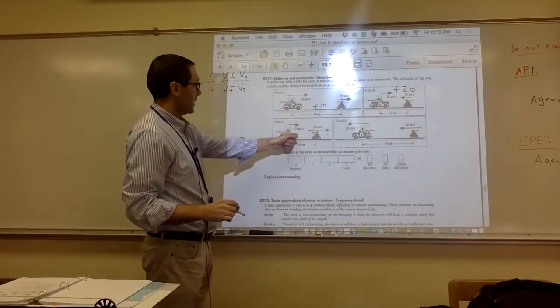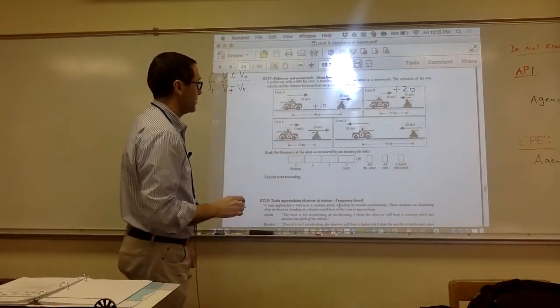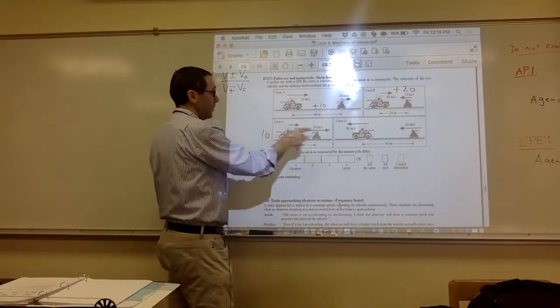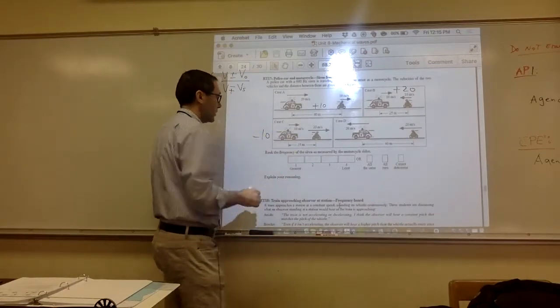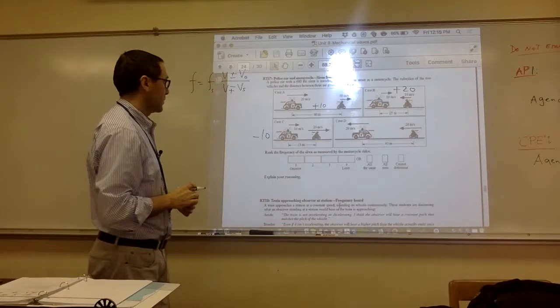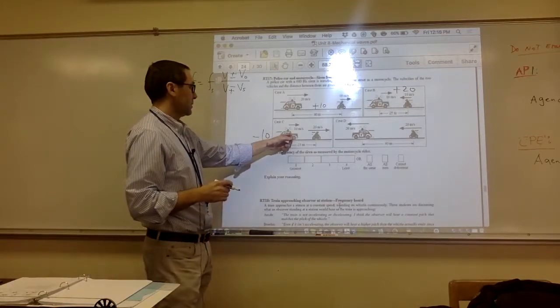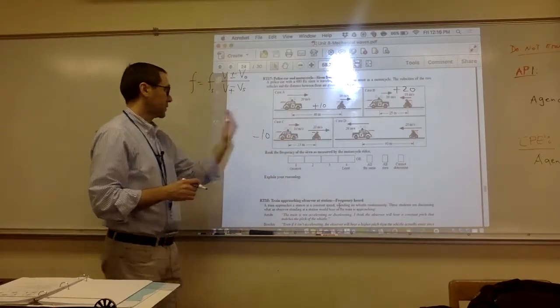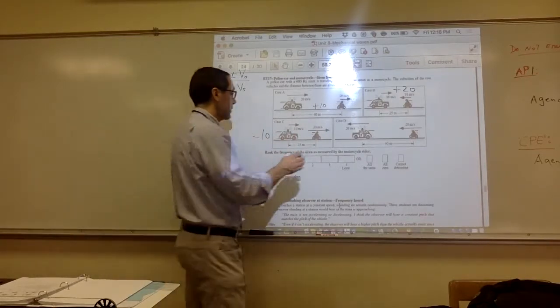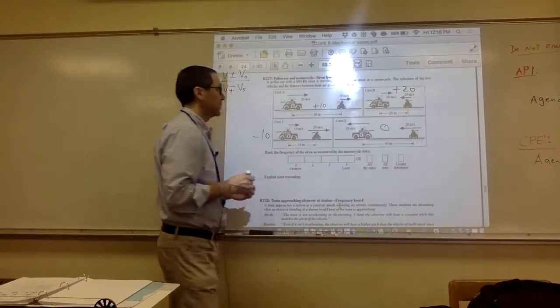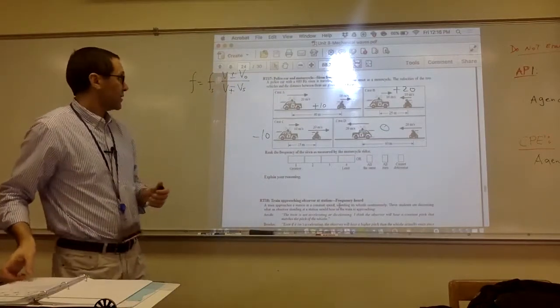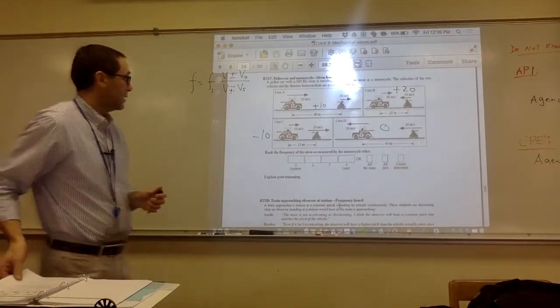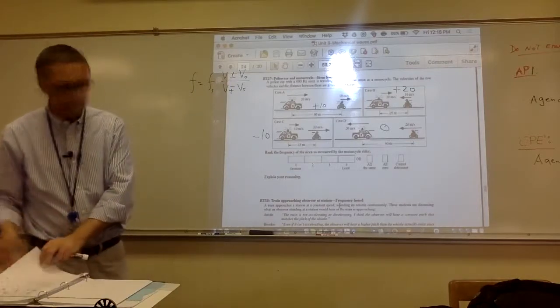In case C, it looks like the relative speed is 10, but they're going further away, so I think we can say that it's negative 10. So basically, the police car with respect to the motorcycle is going to feel like it's going backwards. And here, the relative speed is 0. So the ranking should be B, A, D, and then C.